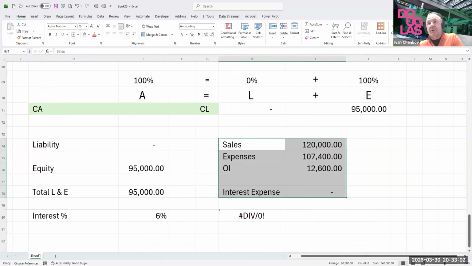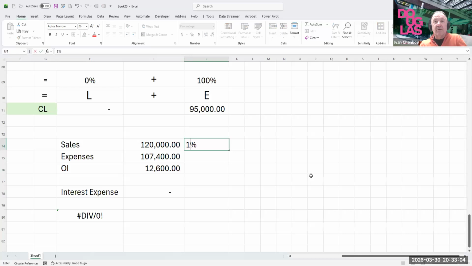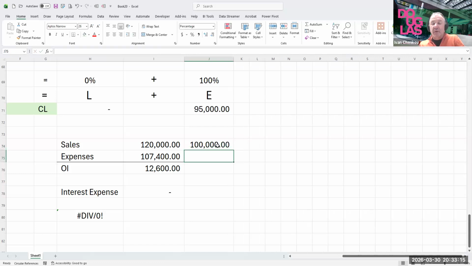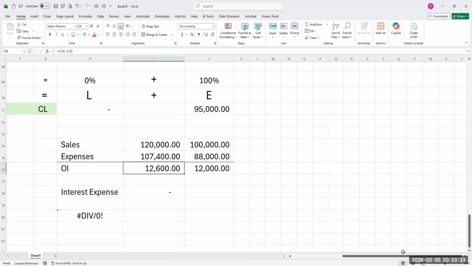I'm making here 100,000, and my operating expenses were 88,000. Let's make it this way. So I'm generating 12,000. No questions about it, right?